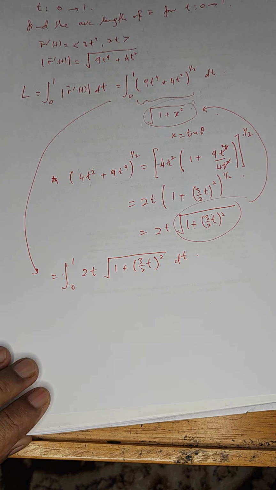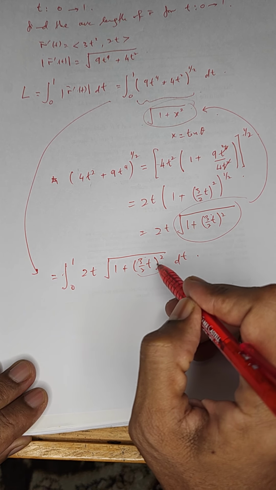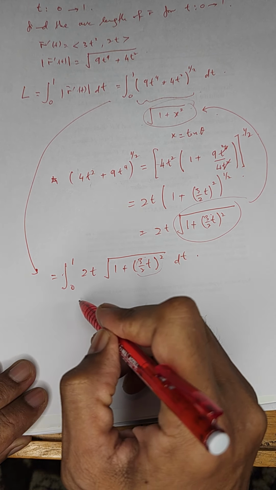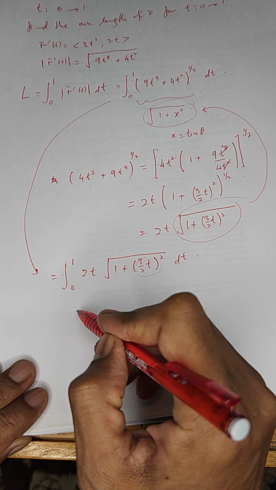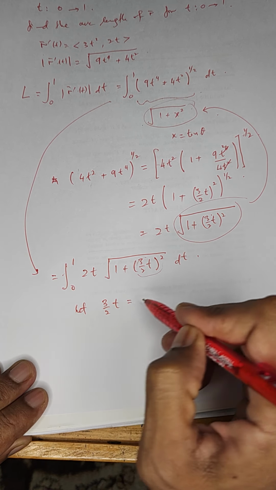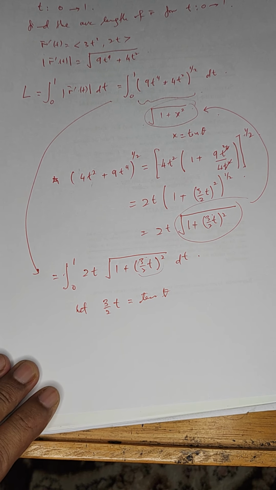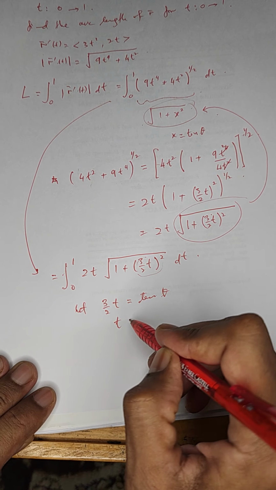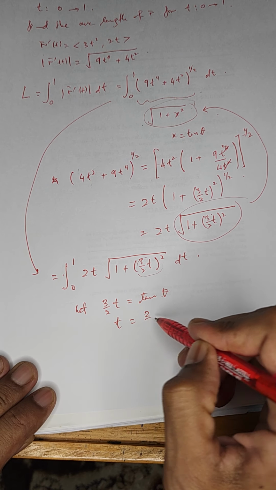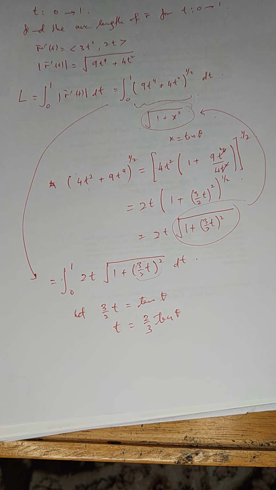Okay, now we take this as a tangent theta, so let 3 over 2t equal tangent theta. Then from there we have t equal to 2 over 3 tangent theta.